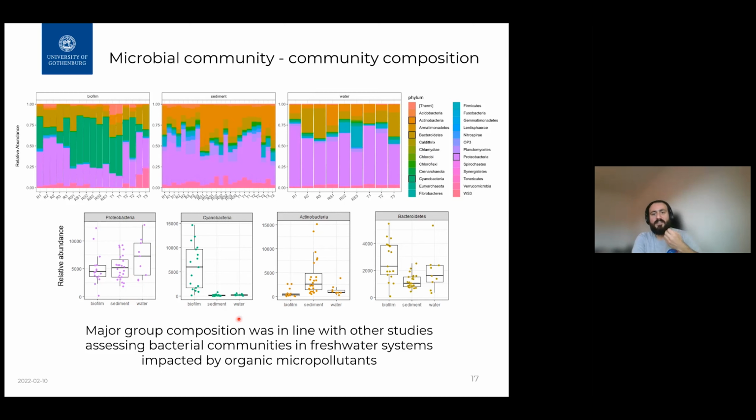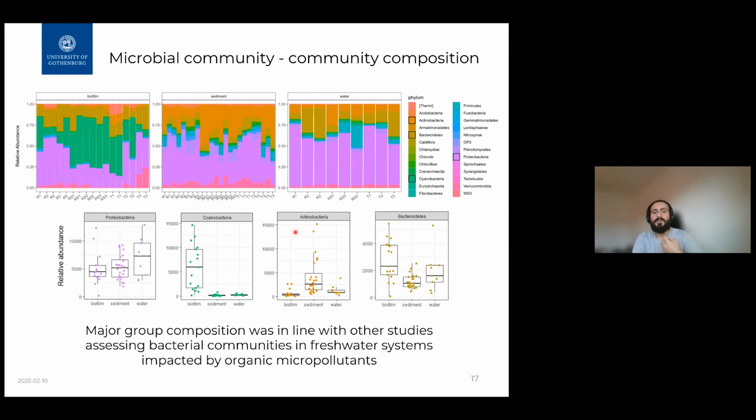The second major group was the cyanobacteria group in green, which is very well represented in the biofilm compartment. It's still present in the sediment compartment, but at a really, really low abundance, and in the same situation in the water compartment.